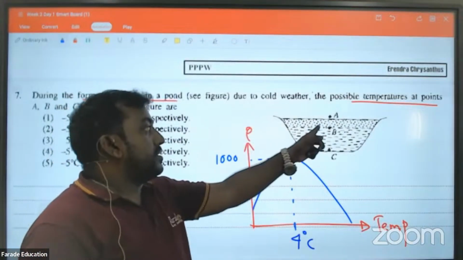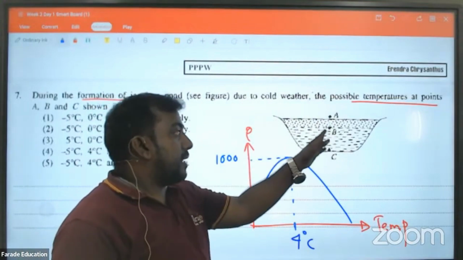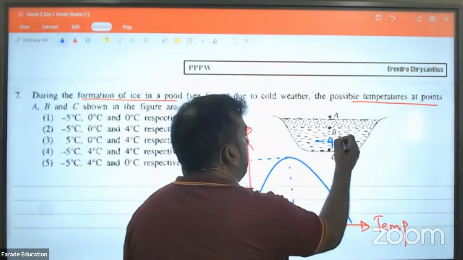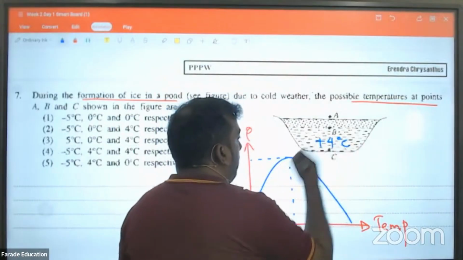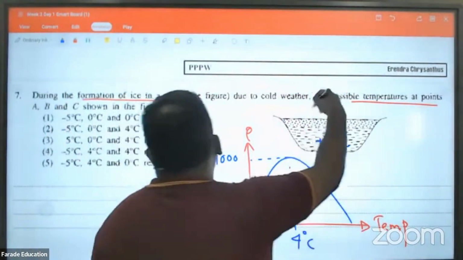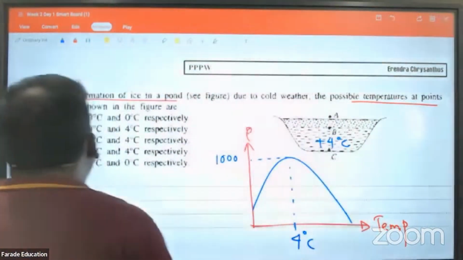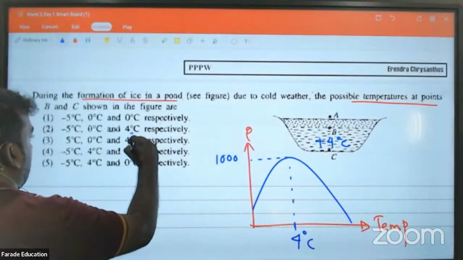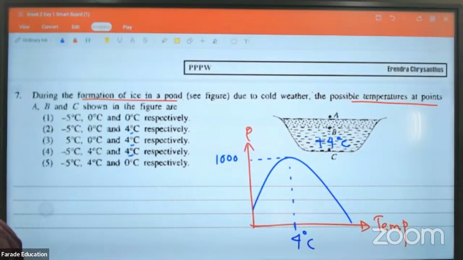After that, when it cools down, the temperature will reduce from high to low. Here maximum density means plus 4 degrees Celsius is there. Now the outside will be freezing. So A, B, C, plus 4, you have these three possibilities.